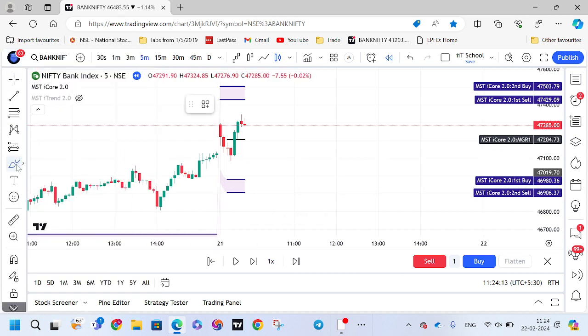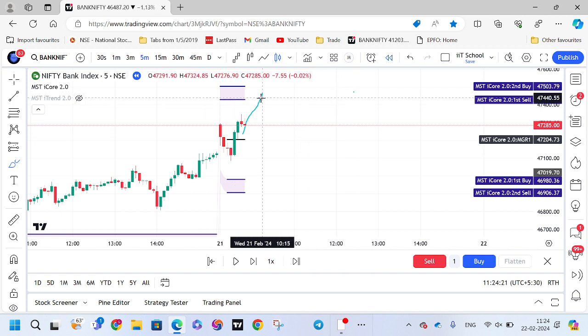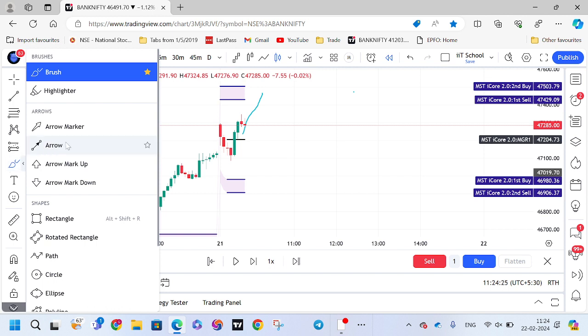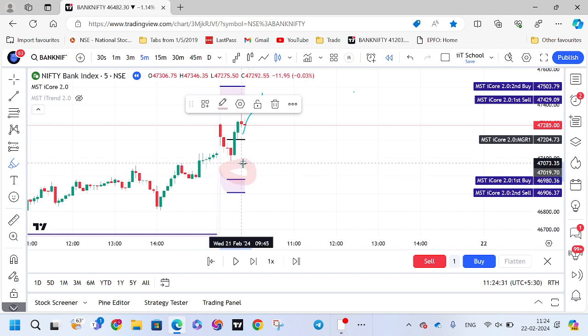See, if the market is coming and touching this zone, we will be buying the 47,600 put option. If the market is coming to this area, we will be buying the 46,800 or 600 call option.